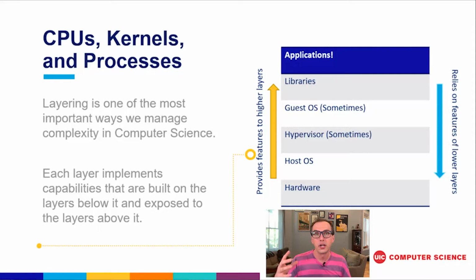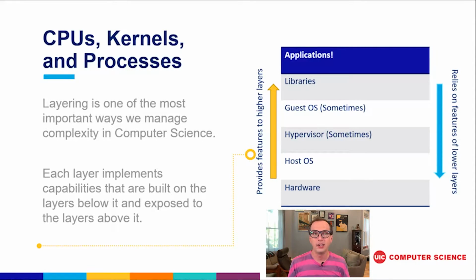A modern computing environment looks a little bit like this diagram in this PowerPoint slide, where our applications are at the top that we're all familiar with, but they're supported by libraries, and those are supported by a host operating system that serves as the interface between the hardware of the computer, the CPU, the memory, the input-output components like hard drives and network cards, and the actual applications. The operating system is in charge of making sure that lots of different programs can use that computer as quickly and efficiently as it possibly can.